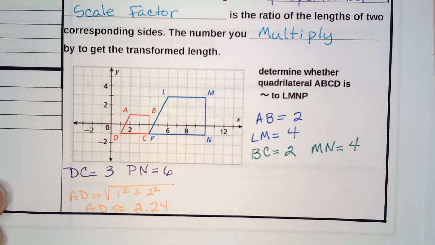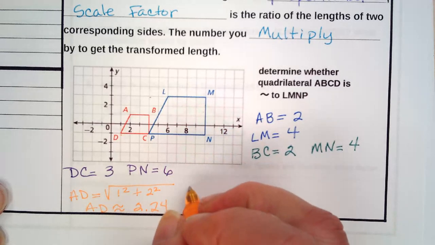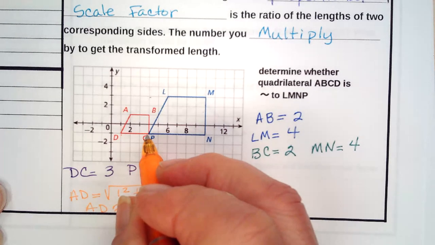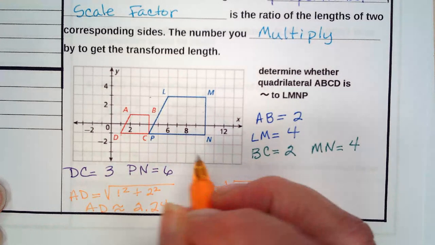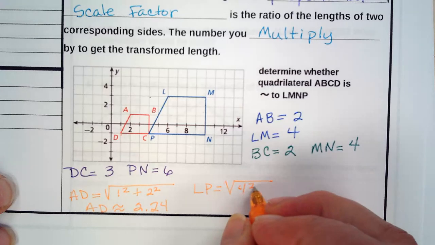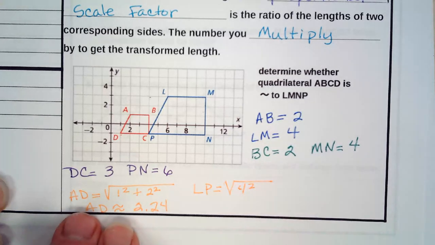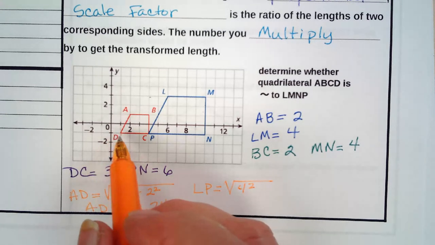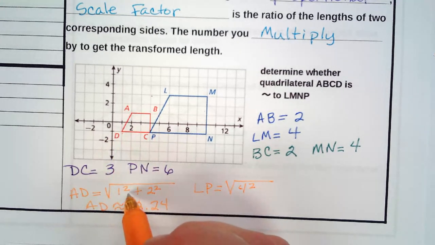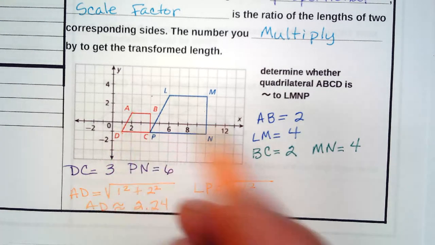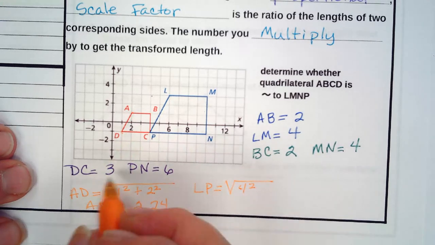Okay, what about PL or LP? Square root of, this will be 4 squared. Okay, let's back up a little bit because I did this one incorrectly. So if you're looking at the difference of x, that would be 1 minus 2, and that would be negative 1 squared.